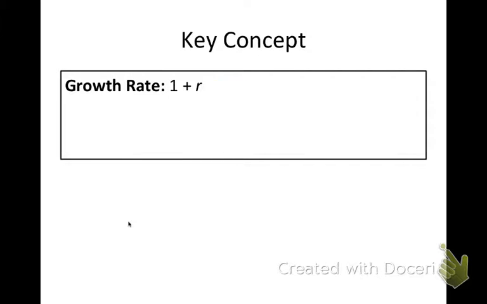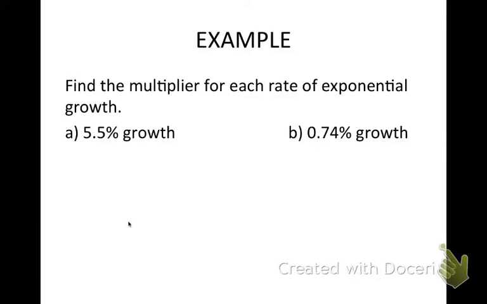All right, so if I gave you a rate of 5.5% growth, I want to find the multiplier for the rate. So I'm looking for that growth rate. To find the growth rate, we're going to do 1 plus our r.